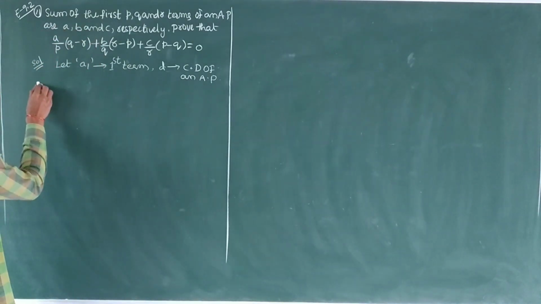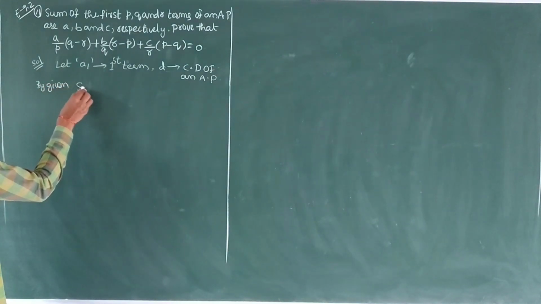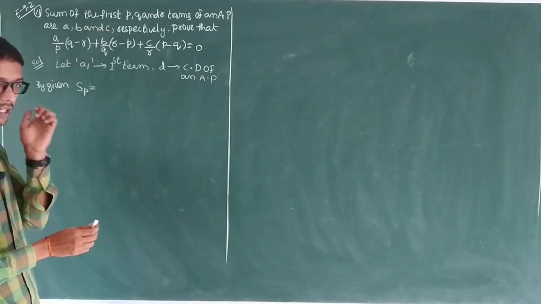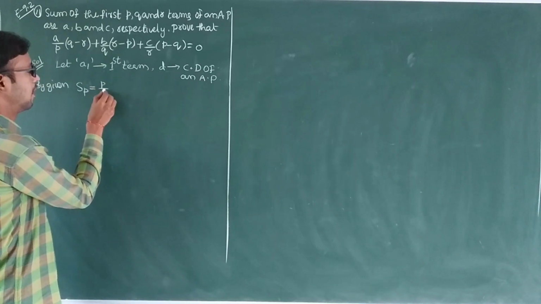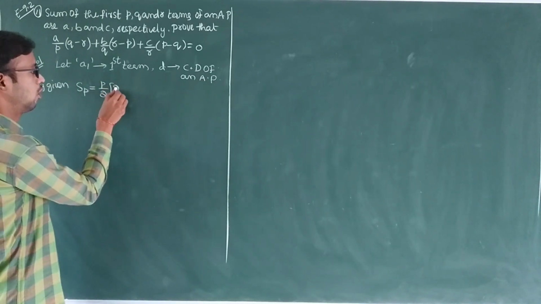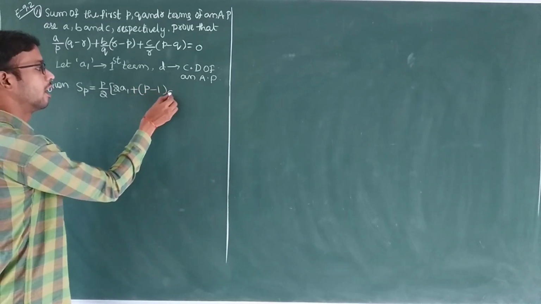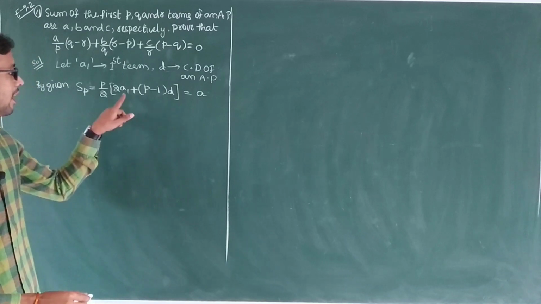Next, by the given sum of the first P terms, what is the formula? S P is equal to P by 2 into 2a1 plus P minus 1 into d, is equal to A. Why am I taking a1?